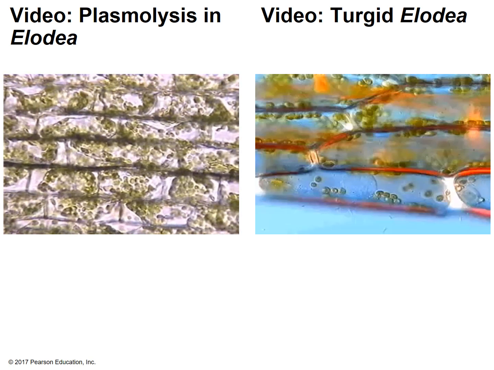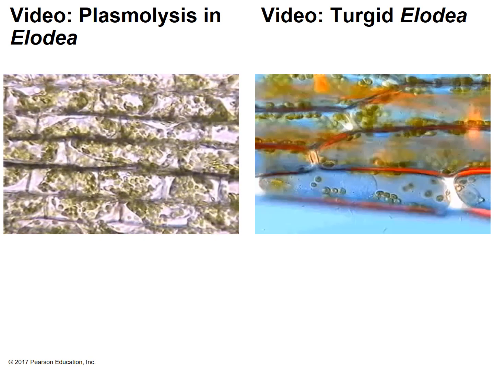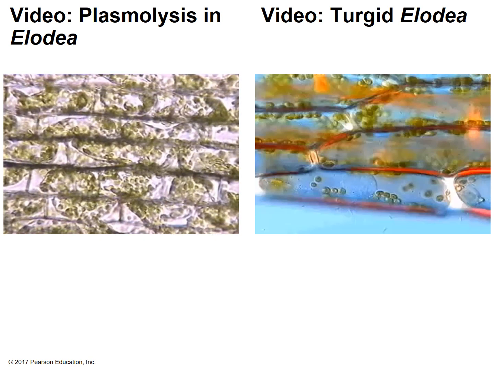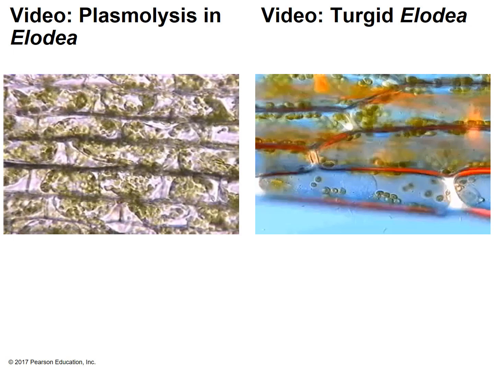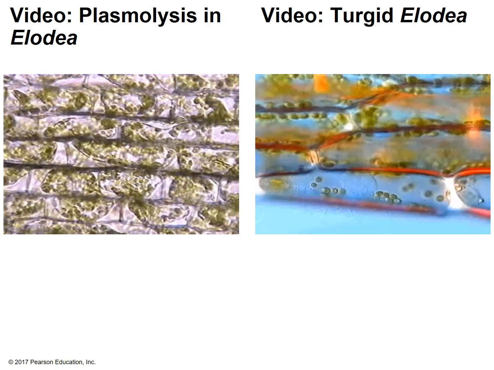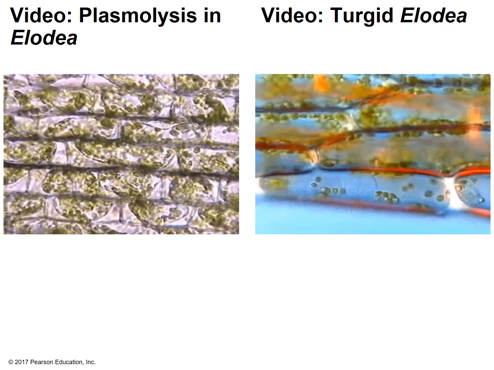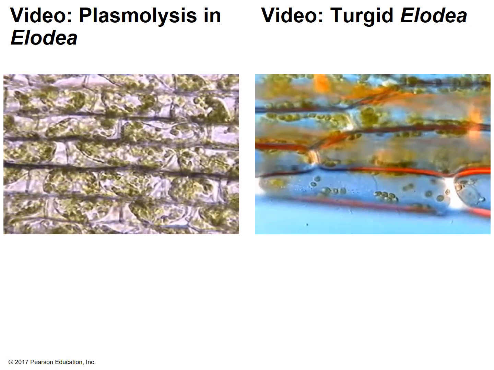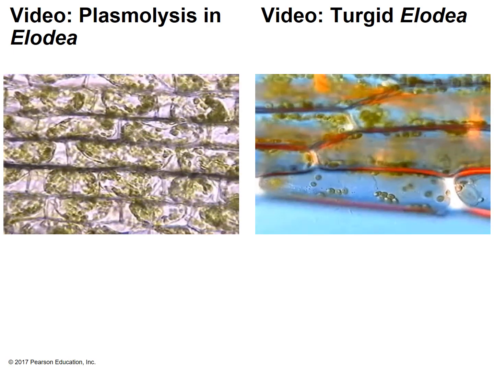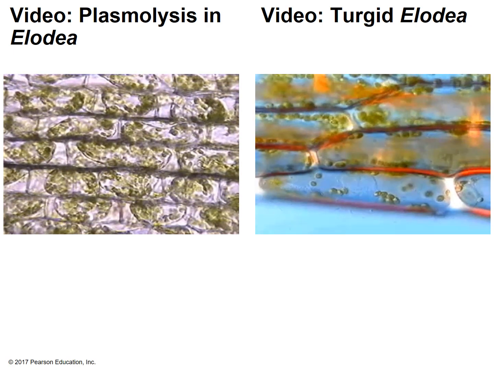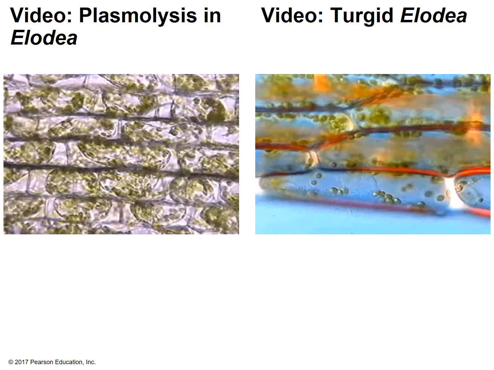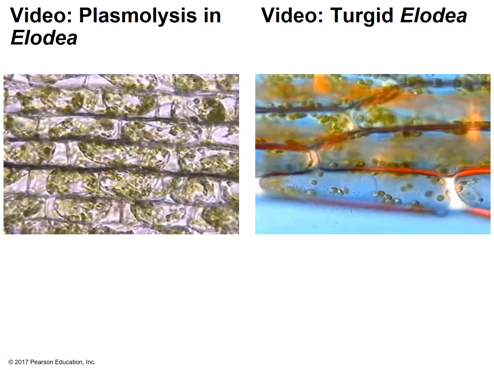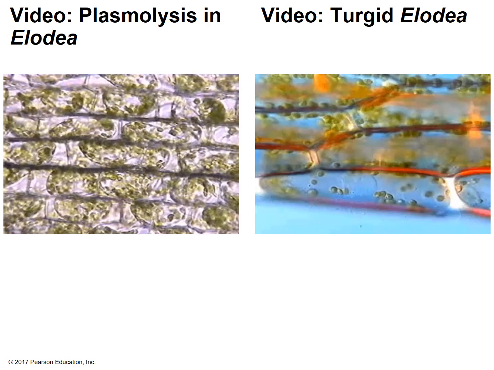You can see the plasma membrane actually pulling away from the cell walls. In the opposite, these same plant cells are becoming turgid, where they're actually swelling and growing and filling up all available space within the confines of that plant cell wall.